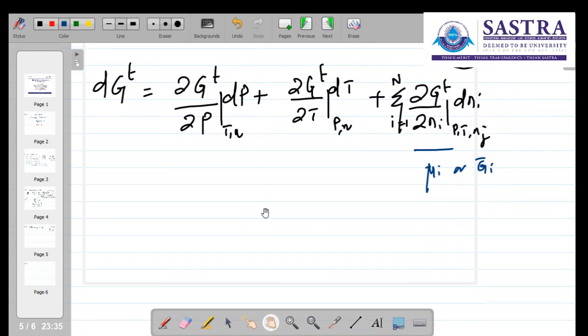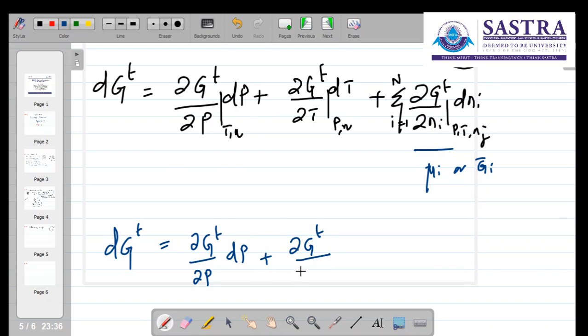So that means the change of Gibbs energy in this system can be written as dou G by dou P dP, and just not writing the bar but it is understood, dou G by dou T dT, plus sigma mu i dn i. So this is what we know.